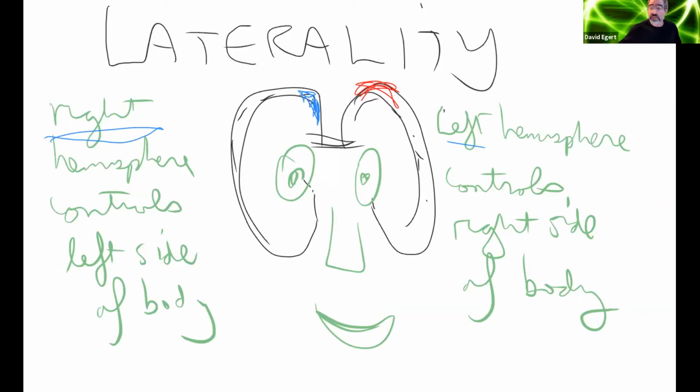So when you're looking at what kind of deficits you're going to find from some kind of a stroke, you need to remember that everything's cross-wired. There's literally the axons move from one side of the brain to the other side of the body. A lot of it happens just down the brain stem, and the rest of it happens going down in the spinal cord.